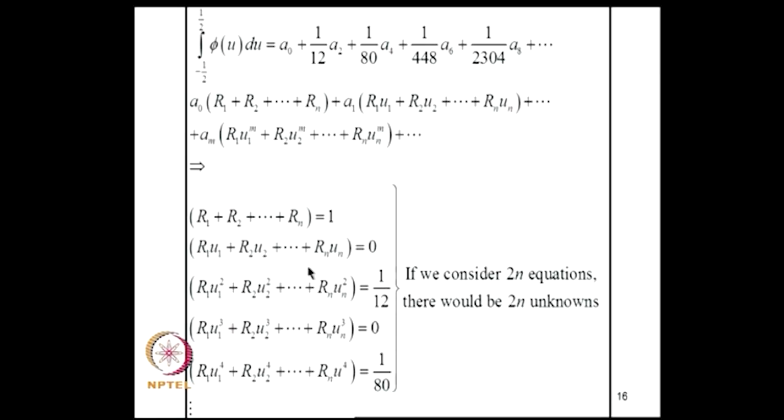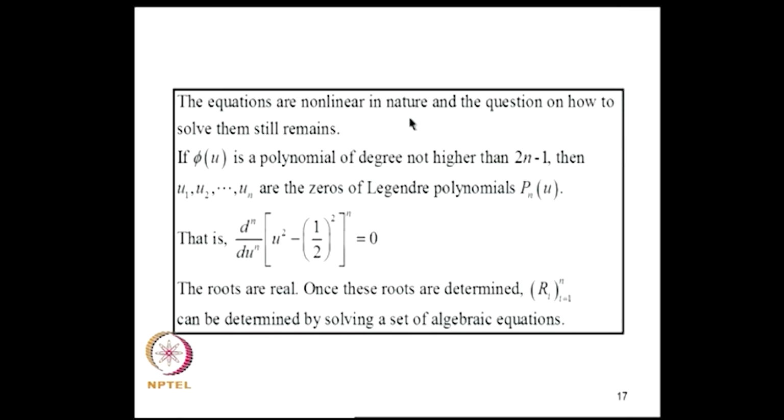So, they are nonlinear equations, but there is a nice result which shows that if phi of u is a polynomial of degree not higher than 2n minus 1, then these u1, u2, un, which are the points where I want to evaluate the function according to the prescription that I just outlined, would turn out to be the zeros of the Legendre polynomial Pn of u. That means these u's will satisfy this equation. So, these are the roots, and these roots are real.